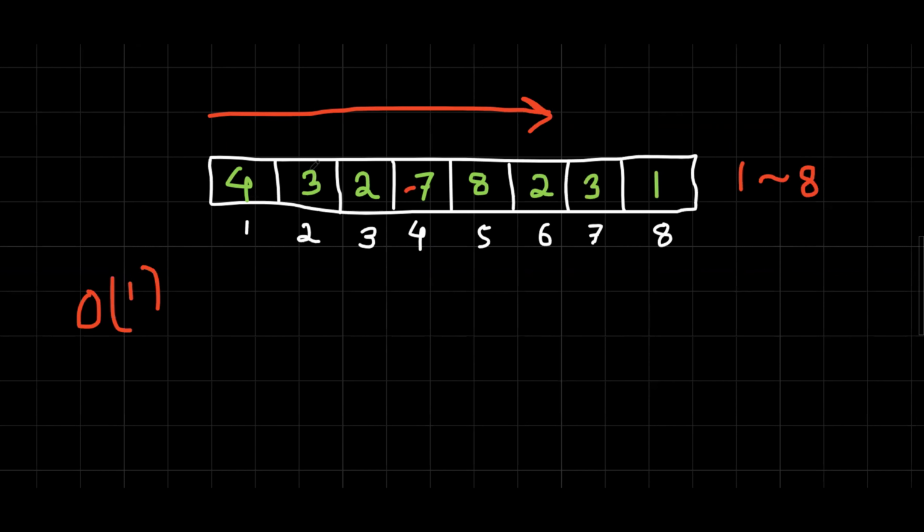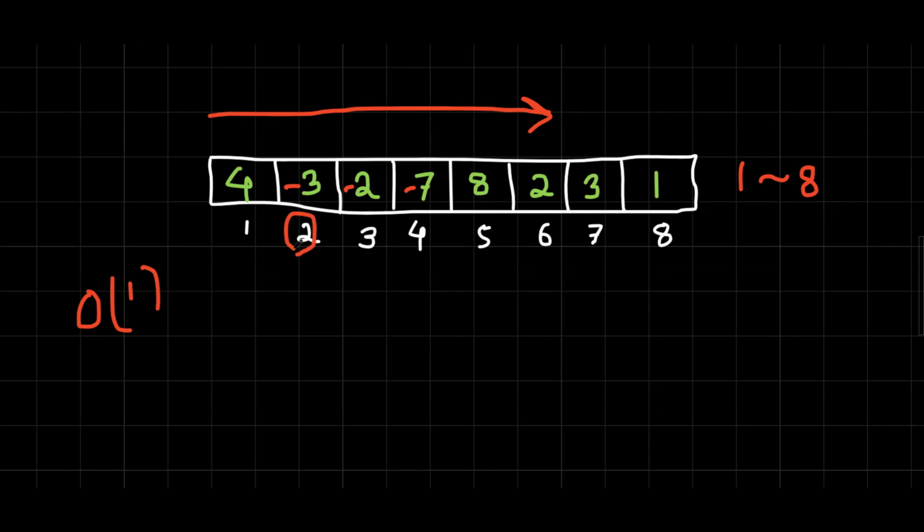Now for this element 3, we will make negative the element present at index 3. For this element 2, we will make negative the element present at index 2. So here we will make the 3 negative.